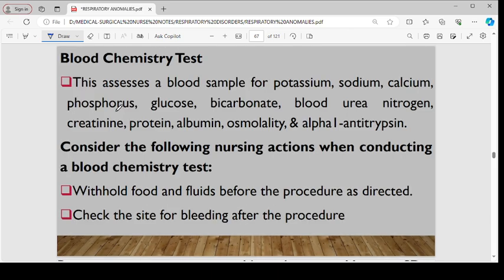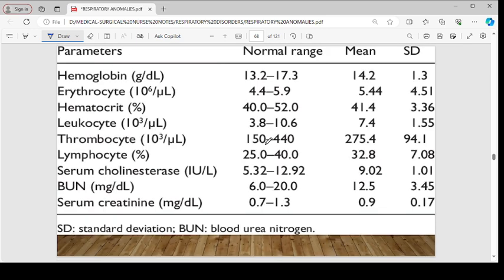In blood biochemistry, we do assess a blood sample for potassium, sodium, calcium, phosphorus, glucose, bicarbonate, blood urea nitrogen, creatinine, protein, albumin, osmolarity, and alpha-1 antitrypsin. You just have to ensure that you're withholding food before the procedure, and you're checking the site for bleeding after the procedure.